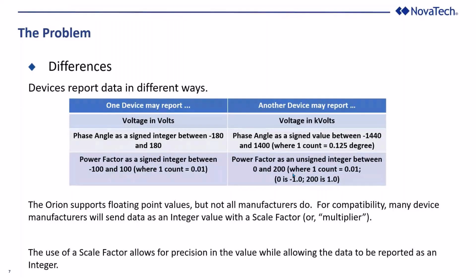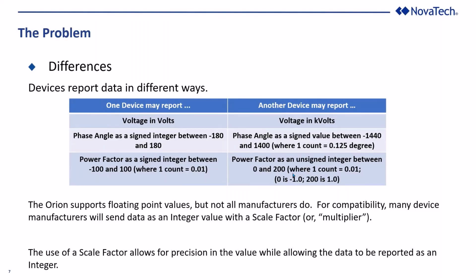But I've seen in one case before, sometimes maybe you have a power factor with an integer that's between 0 and 200, where it makes an unsigned value where, just based on that, say 0 represents minus 1 and 200 represents 1. So then you would end up having a positive integer value that you then have to kind of shift, so that half of those values are negative between 0 and 100.